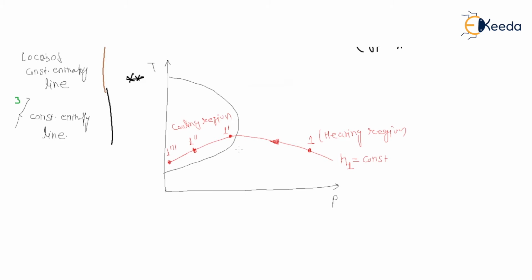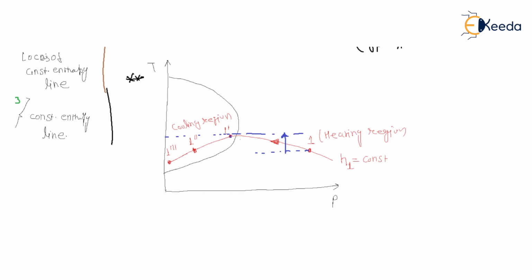Up to this extent, if we throttle from point 1 to 1 dash, though there is a cooling region, it will not be cooling, rather it is heating. See this temperature difference, the temperature will increase.